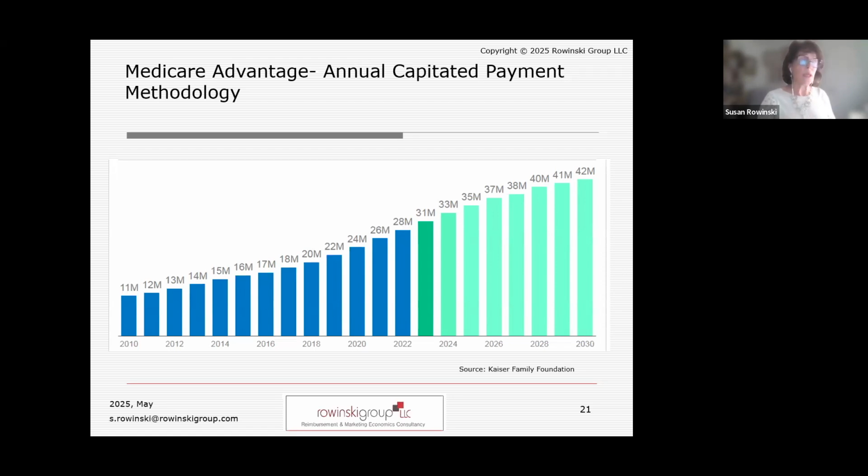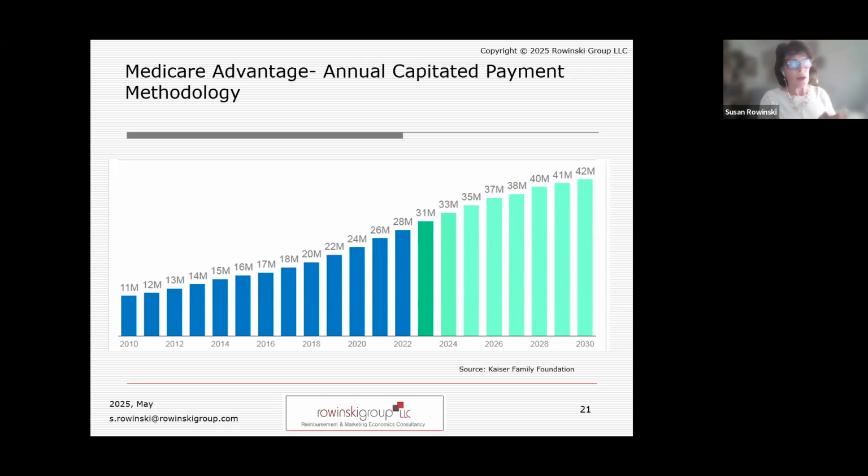In the Advantage plans, big picture, let's say we have Humana. Humana is a big player in offering Medicare Advantage plans throughout the country. This is how they make a living. Insurance companies sell plans to you and me, and to businesses and unions, but this is how they make their money.